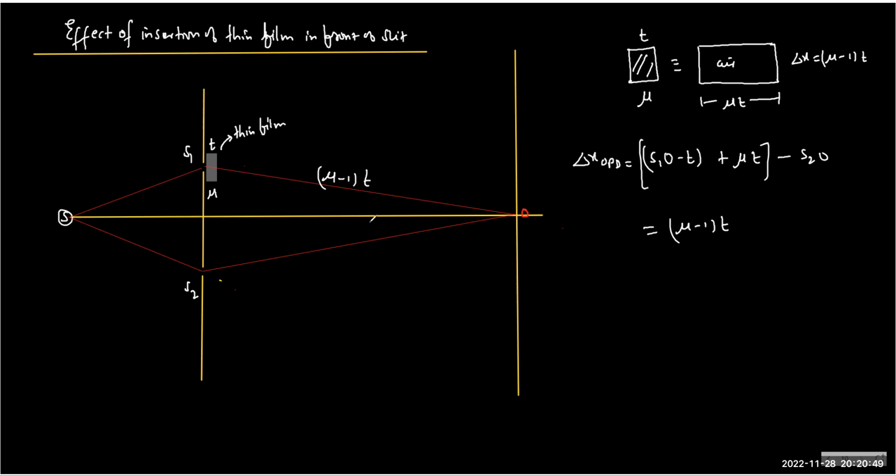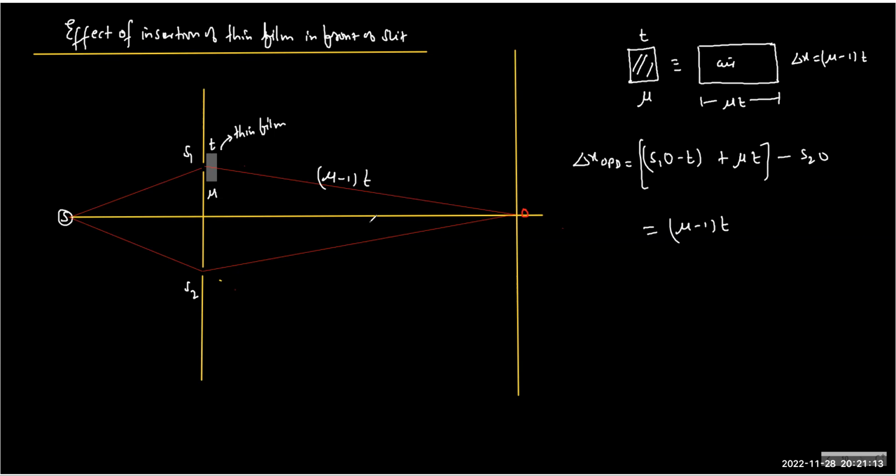So the obvious question is how the fringe will shift. Will it shift down or up? Sir, it will shift up. Very good. Because we want the zero order maxima, it means the paths must have an equal number of wavelengths.